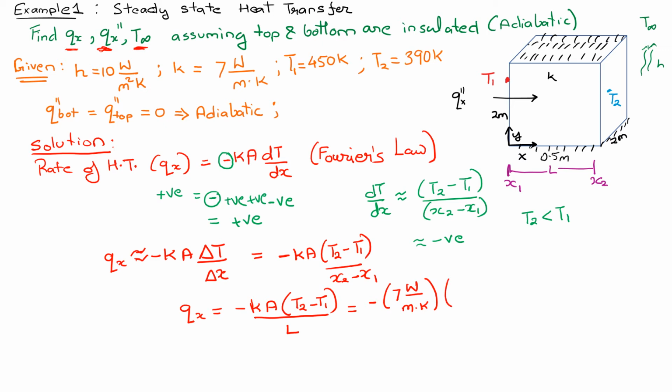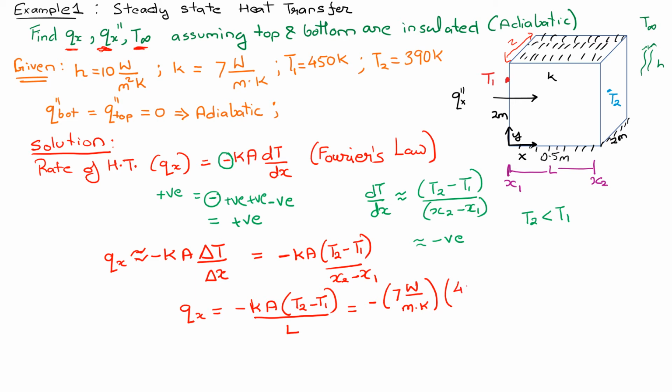Our area is 2 meters by 2 meters, so the height of this cube is 2 meters, and the depth is 2 meters as well, and the heat is flowing in the x direction, so the area perpendicular to it will be the yz area, or the area which is in the yz plane, which is 4 meter square.